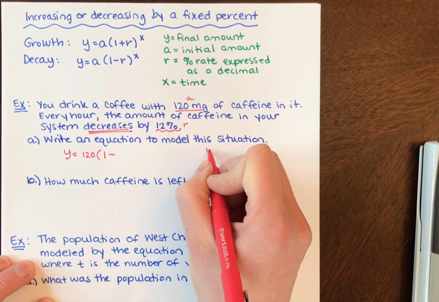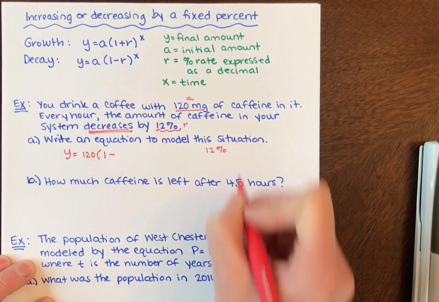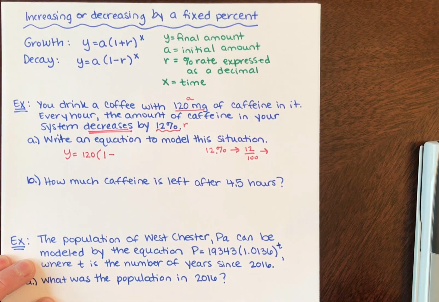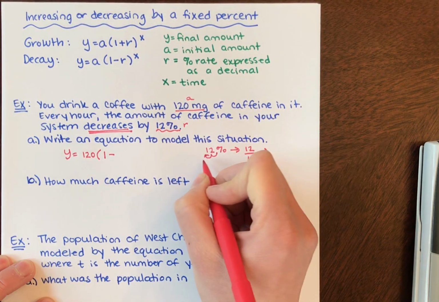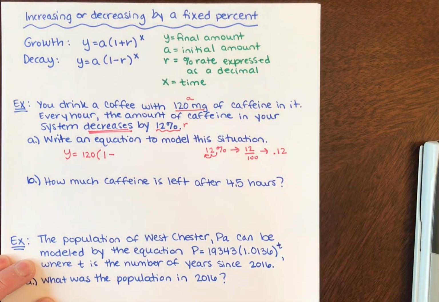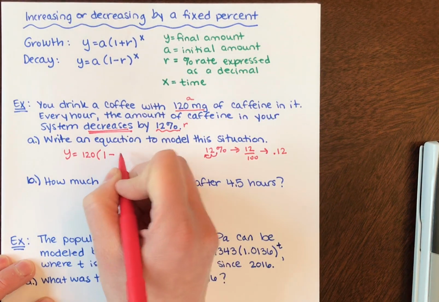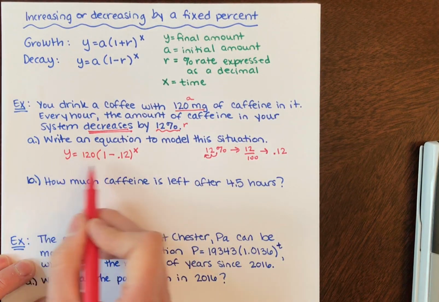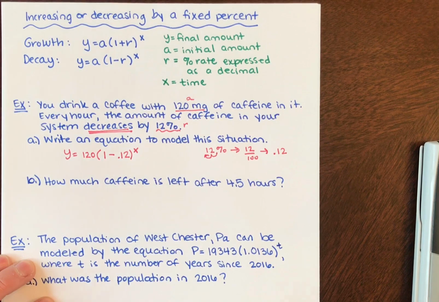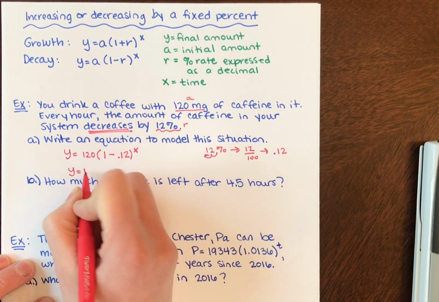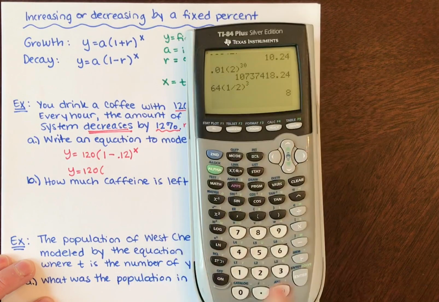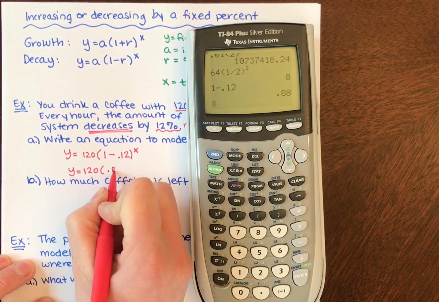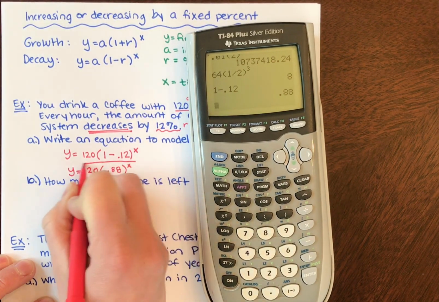So 12% as a decimal, that's 12 divided by 100, or if you think about it, remember you put your decimal point at the end, and if you divide by 100, it moves over 2 spaces, so 0.12 is your decimal for 12%. So this is 1 minus 0.12 to the x, and x is time. If I wanted to clean this up a little, because you're probably not going to get an equation that looks like this, your equation would look like 120 times, well, 1 minus 0.12 is 0.88, to the x.